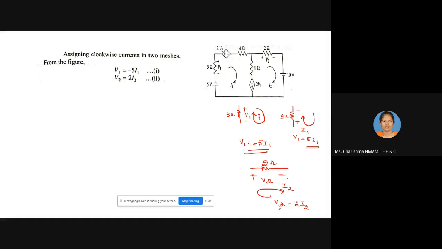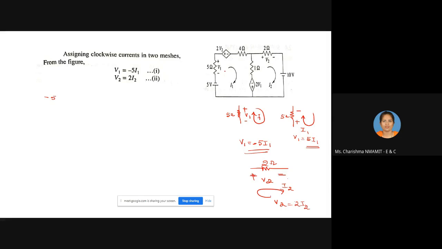Now let us apply the equation to mesh 1. What is the equation? Plus to minus, minus 5I1. Don't write it in terms of these variables yet. You apply KVL to this mesh with the variables V1, V2, and don't consider the control variable they have given here.